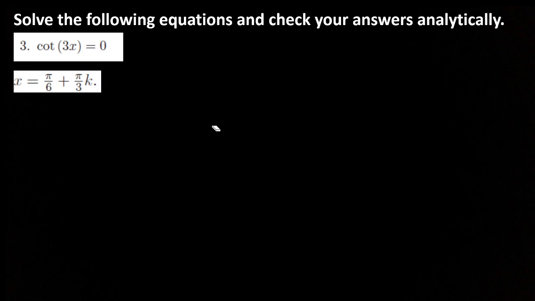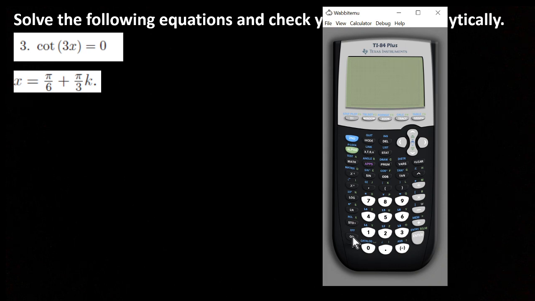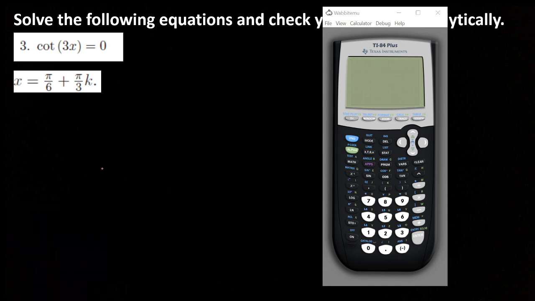Well, we have a formula that works for this. We don't have cotangent inverse here, but we know that tangent inverse plus cotangent inverse equals pi over 2.